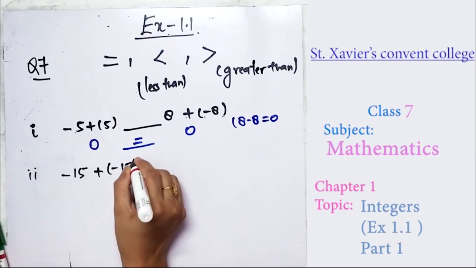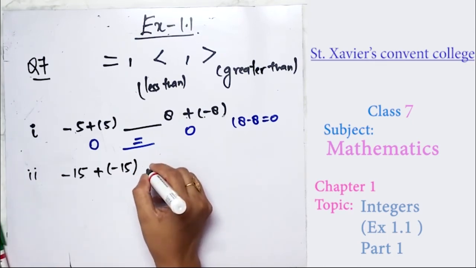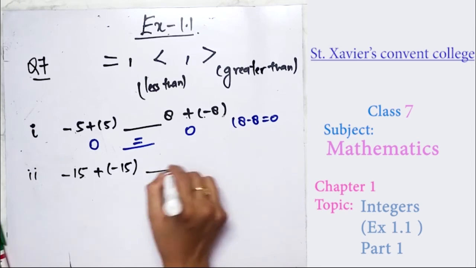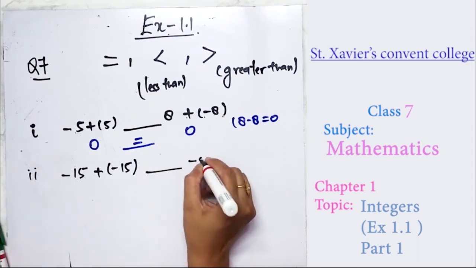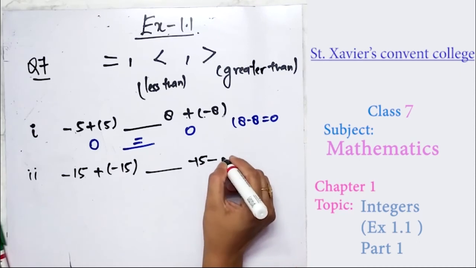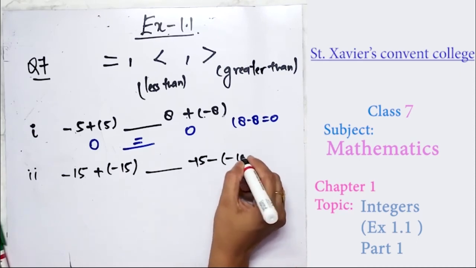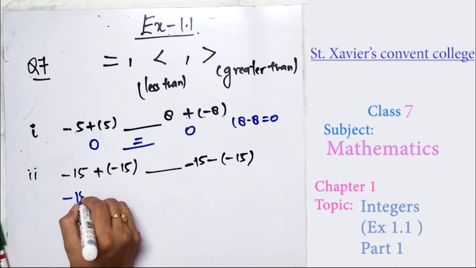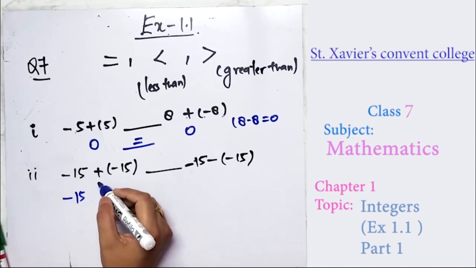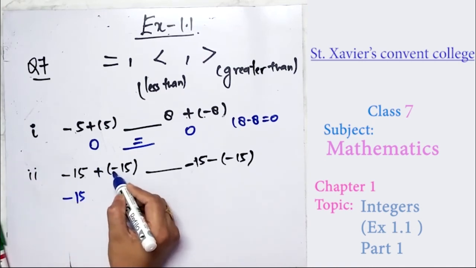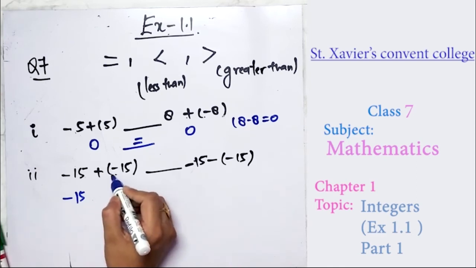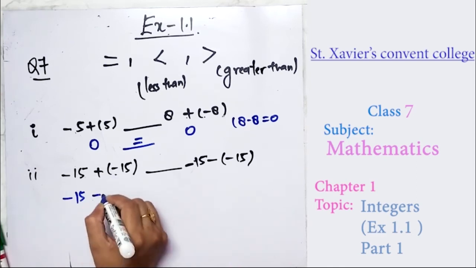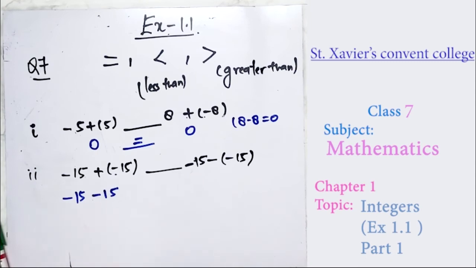The next question is minus 15 plus, in a bracket, minus 15, blank, minus 15 minus, in a bracket, minus 15. This is a question where you are going to apply the sign rule also. How are you going to solve it? This is minus 15. First you multiply the signs, plus times minus is minus 15.